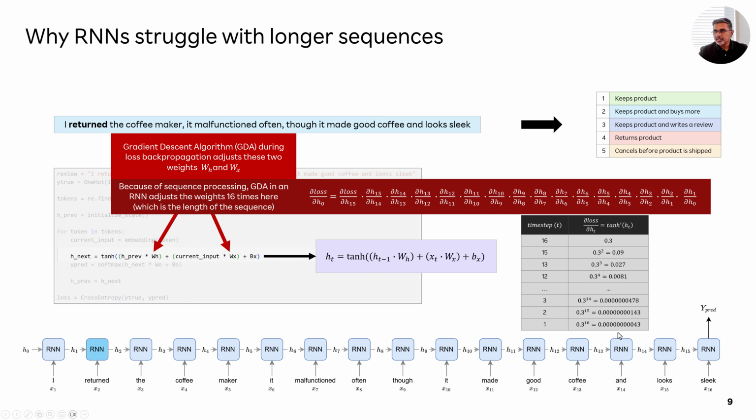Then you go back one more step, and that gets multiplied by 0.3 again, and becomes an even smaller number. So as you go back in your time steps, towards the beginning of your sequence, the number starts to decay very, very rapidly because you're multiplying small numbers.